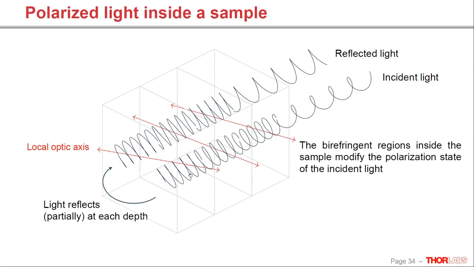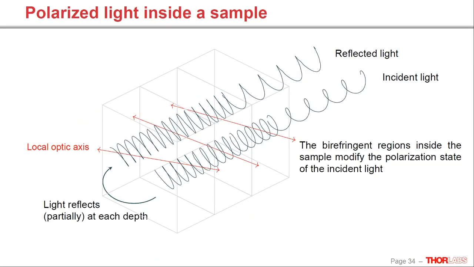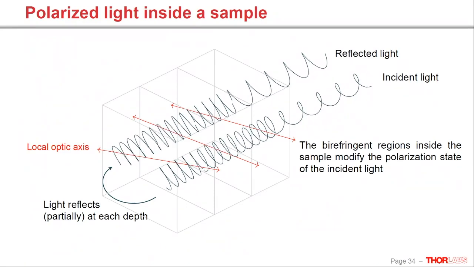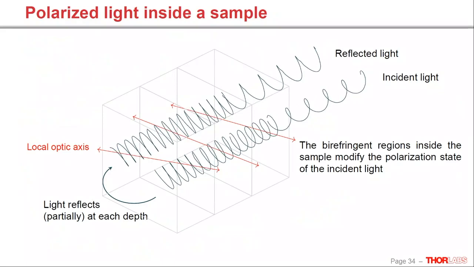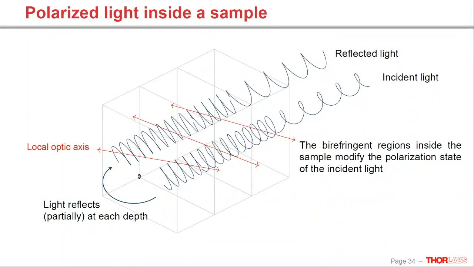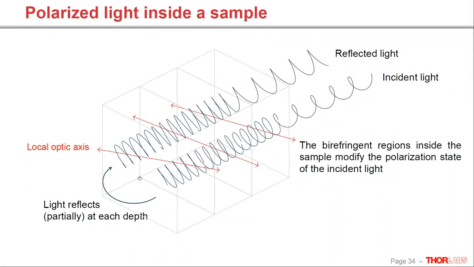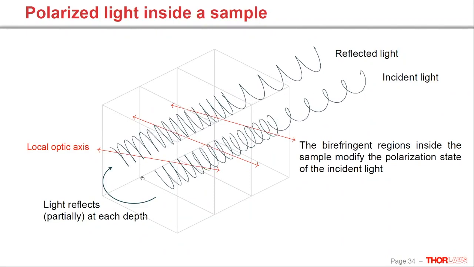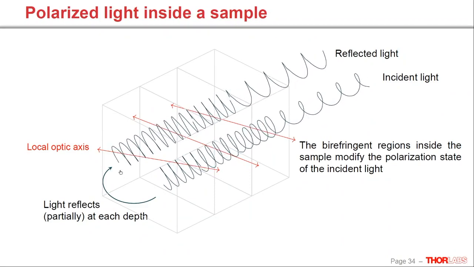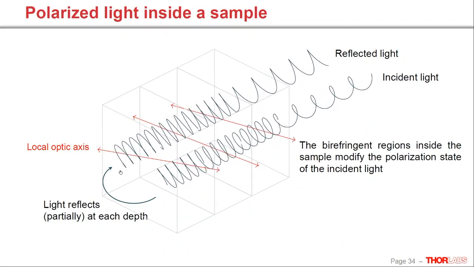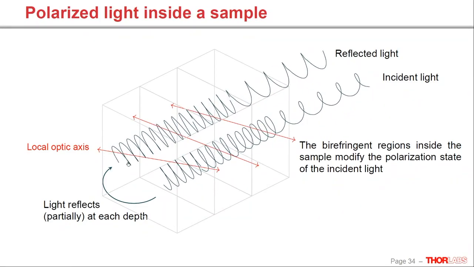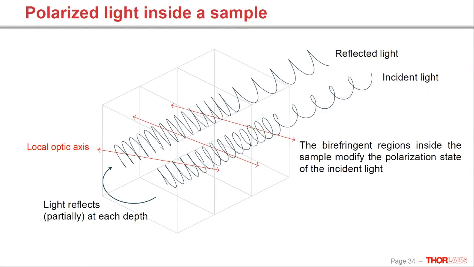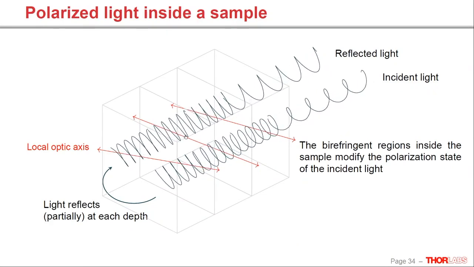However, as OCT is a reflective method, we need to have some light coming back into our detector, and that's what we're considering here at the bottom of the third region, of the third pixel here. So the light is partially reflected, and the reflected light is going through the same region of space. So the polarization state is changed again by the path outward.